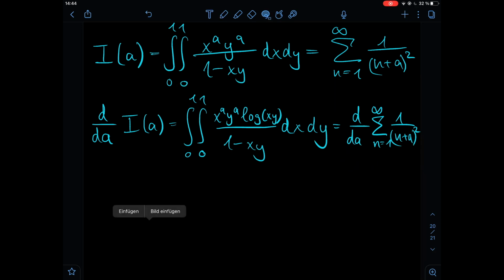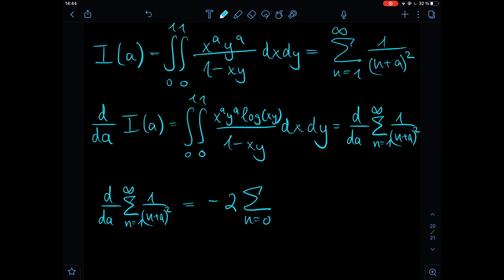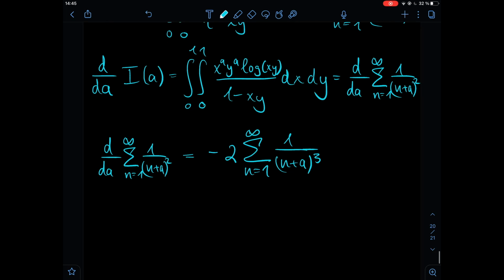So the derivative of the sum with respect to a is just minus 2 times the infinite sum, starting at 1, going over 1 divided by (n+a) to the power of 3.